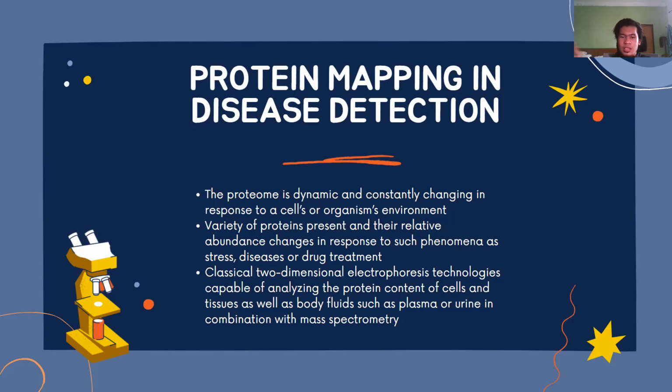For example, classical two-dimensional electrophoresis technologies can be used to analyze the protein content of cells and tissue as well as body fluids such as plasma or urine, in combination with mass spectrometry.